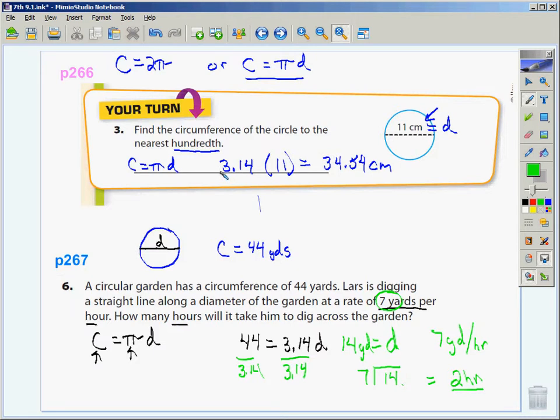Everybody okay? Understand? I heard an What don't you understand? Okay. What's the formula? Don't look at the board, look at me. What's the formula for circumference? Don't look at anything, look at me.